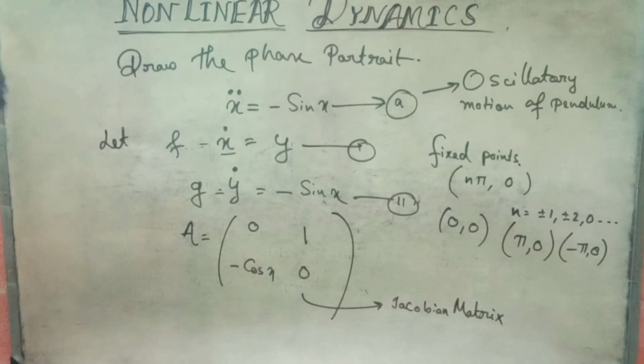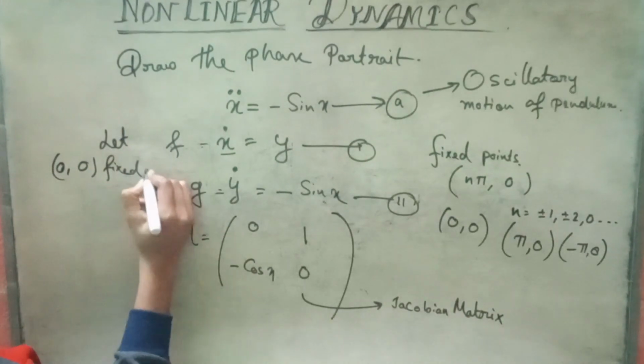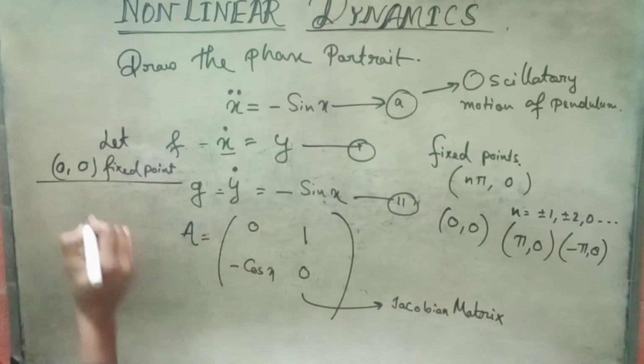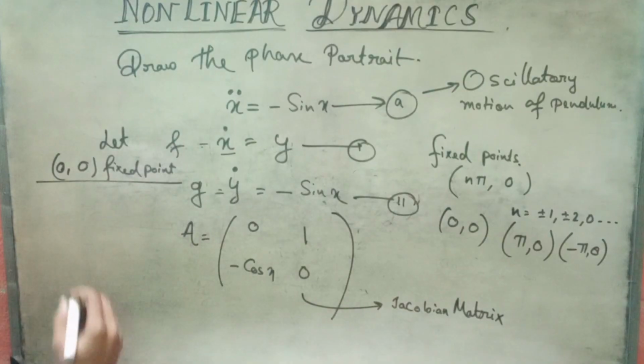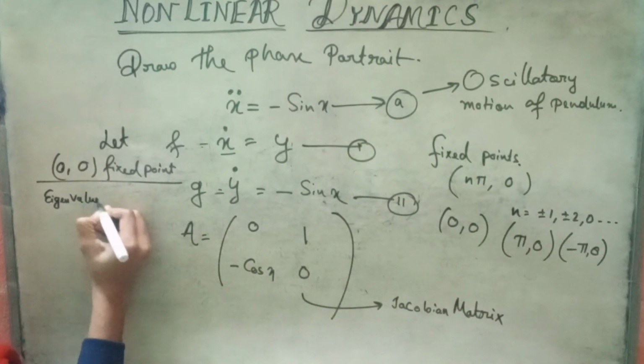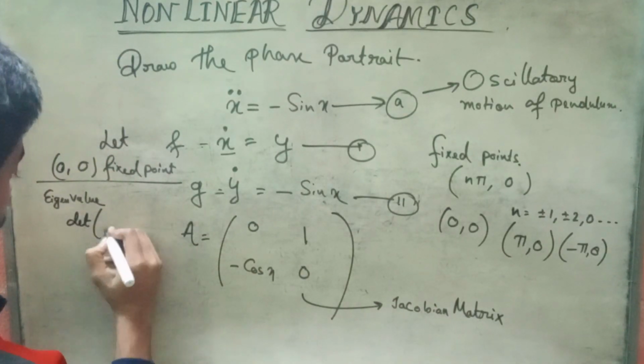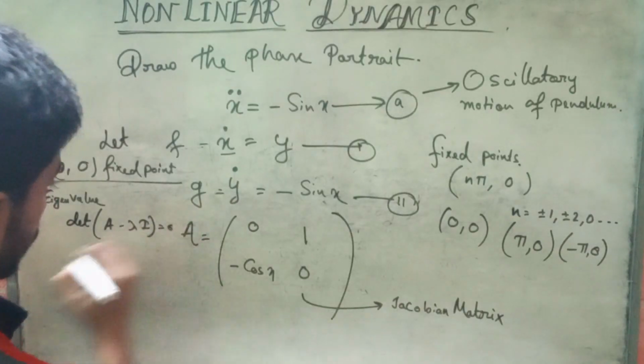So for the 0, 0 fixed point, eigenvalue: determinant of A minus lambda I equals 0.